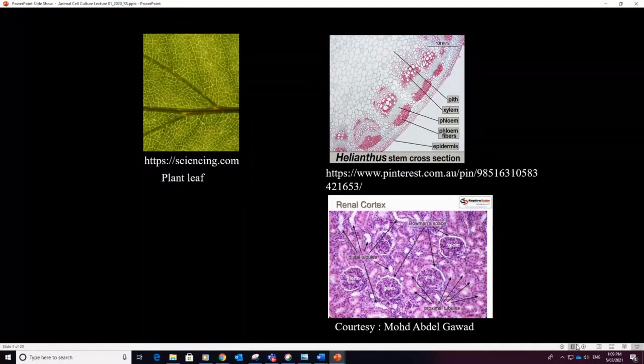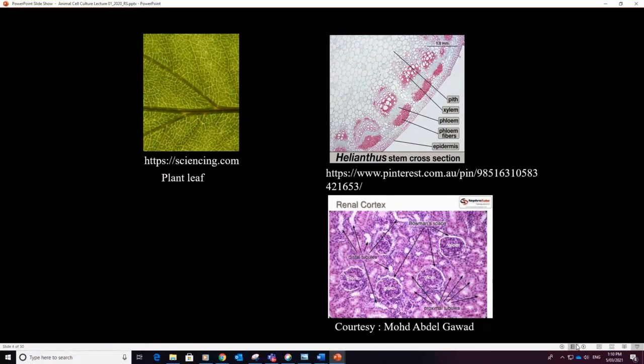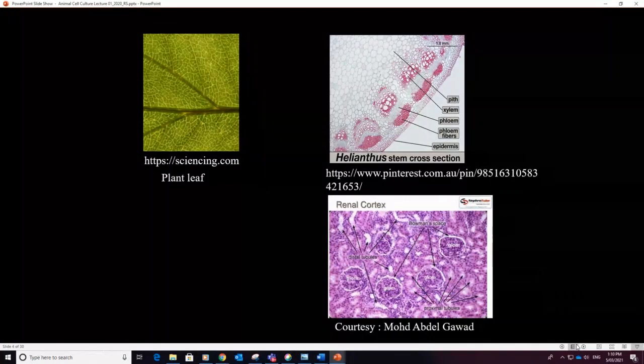But in the lower figure, it's very difficult to find an individual cell, because it is a histopathology slide which has a purple or blue colored nucleus. You can say, oh, these are the cellular nuclei, but you cannot make out the exact boundary. One problem. Second, these figures don't show any scale, right?